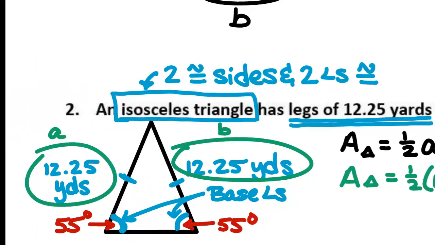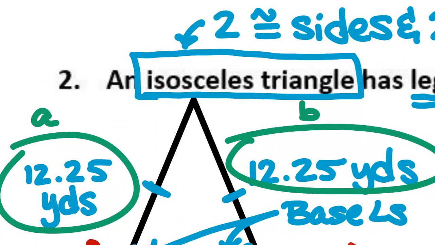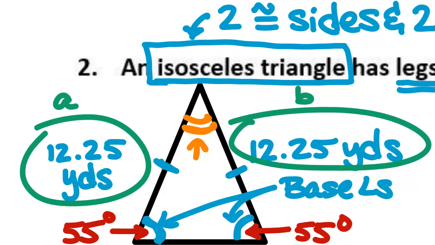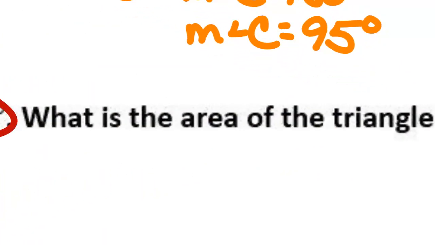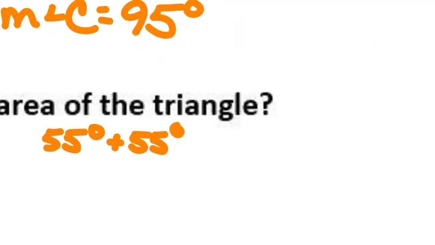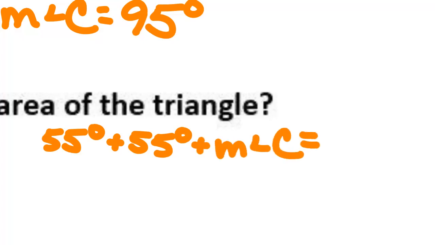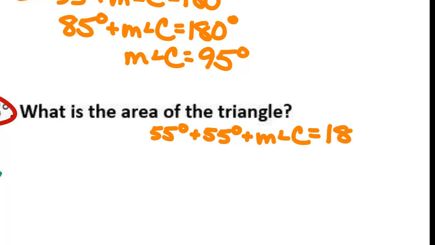Why not? It's not between those 2 sides. This is the angle that we need. Here's my included angle. How can I find that included angle? There we go. Yes, 55 plus 55 plus the measure of angle C equals 180.